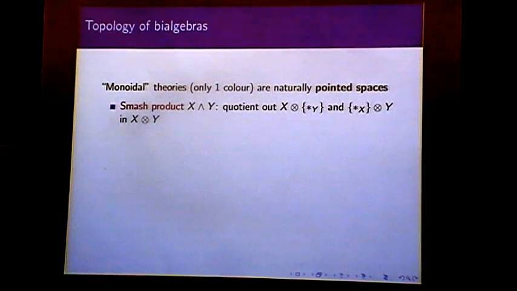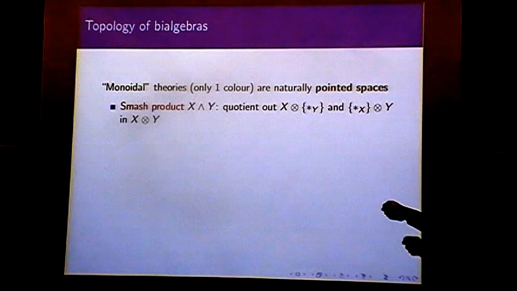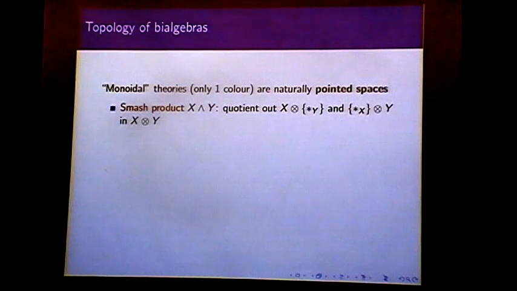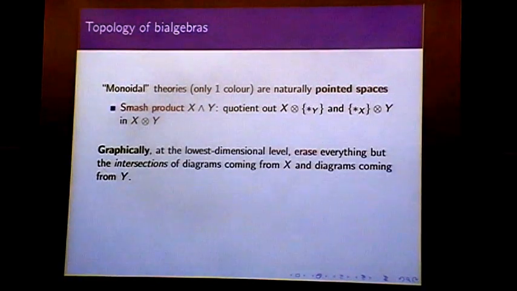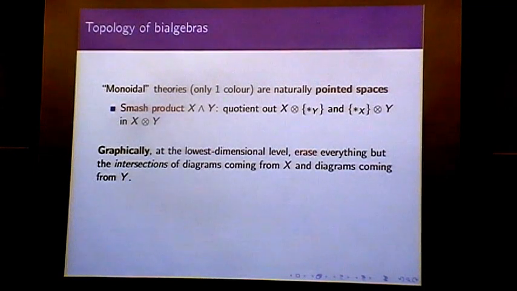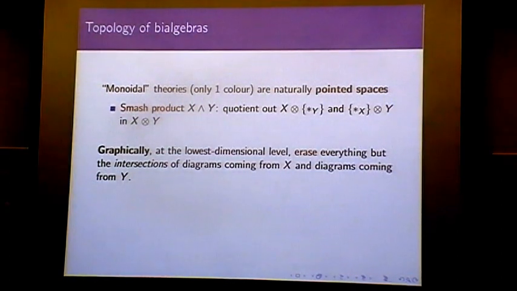So one can consider the pointed operation of topological spaces, such as the smash product, which is a quotient of the Cartesian product, or in this case, the tensor product, in which one eliminates everything which is of the form something from x times the point of y, or the point of x times something from y. And when we work graphically with these smash products, we would just take the tensor, and then we would erase everything from diagrams, because that's what quotienting means graphically, except the intersections of diagrams which come from one of the theories and the other theory.